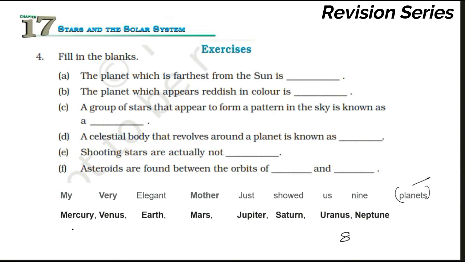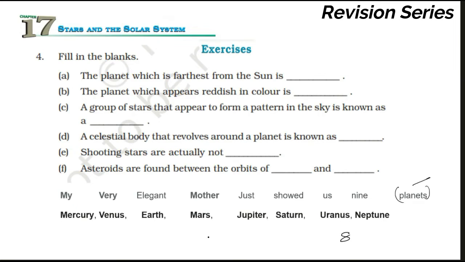So this is in the increasing order of the distance from the sun, which means Mercury is very close, followed by Venus, and the last one is Neptune, which is far away among the 8 planets.